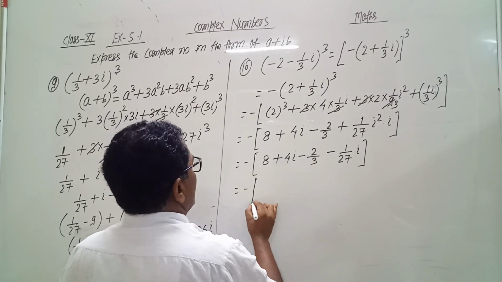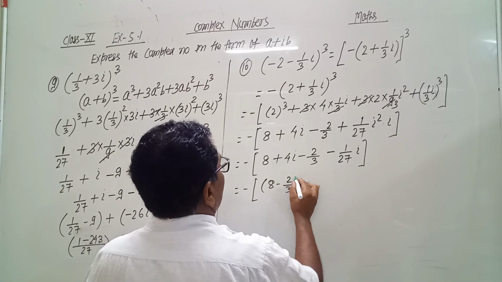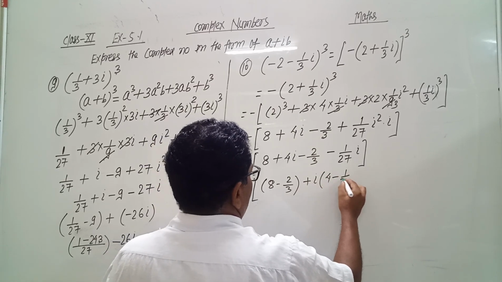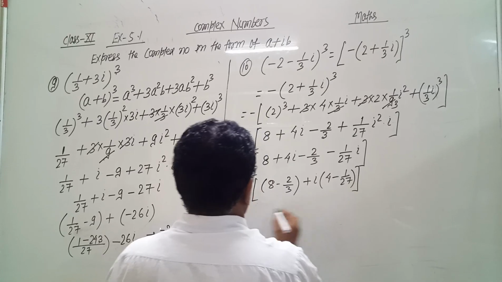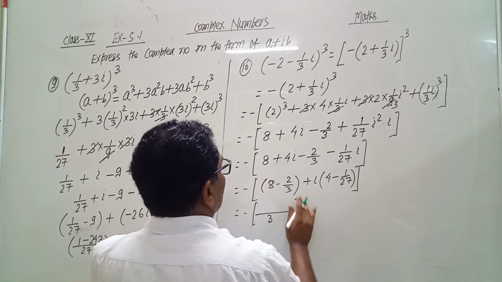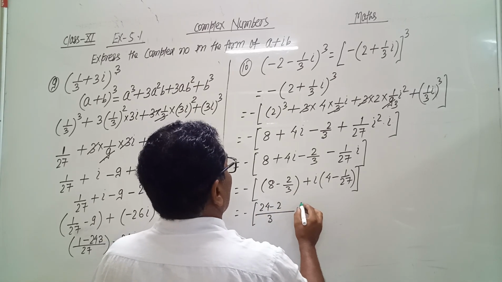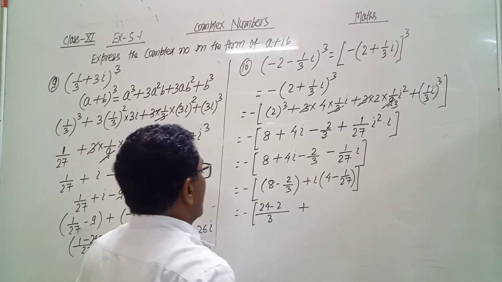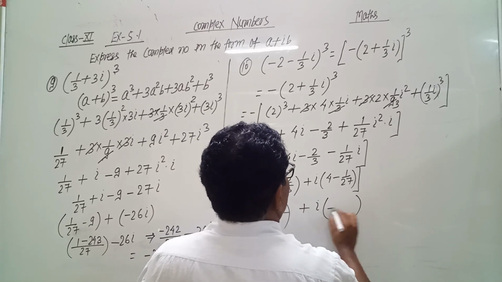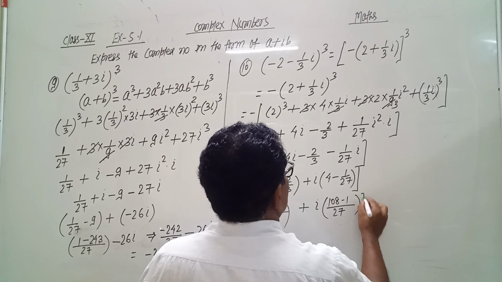Now the real part taken together: 8 minus 2/3, and taking i as common, 4 minus 1/27. So minus, taking LCM 3, we get (24 minus 2)/3, and plus i, the LCM is 27, (108 minus 1)/27.